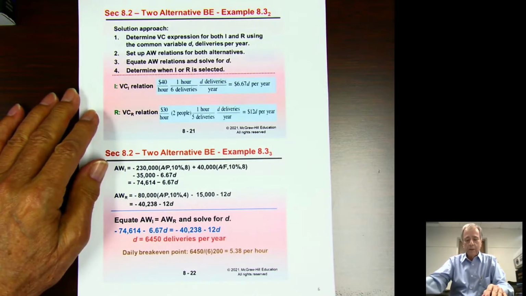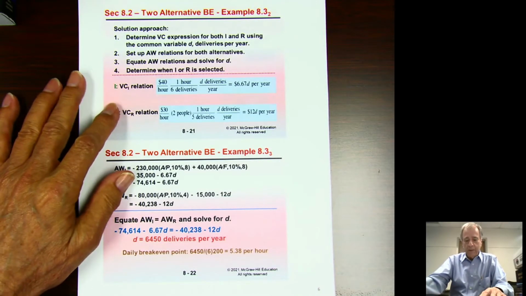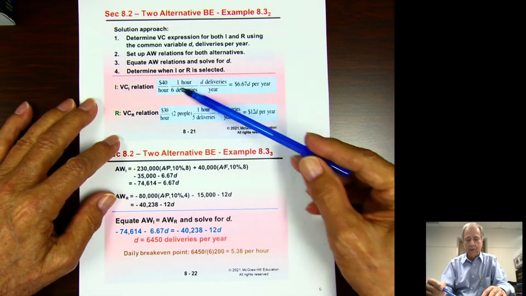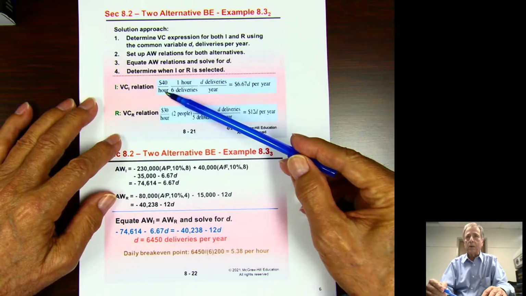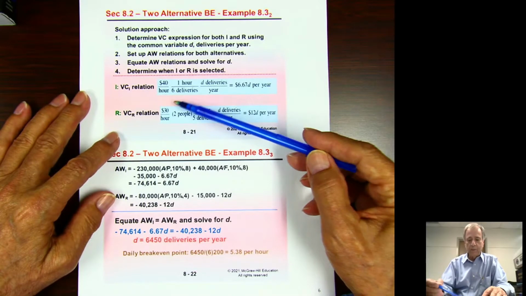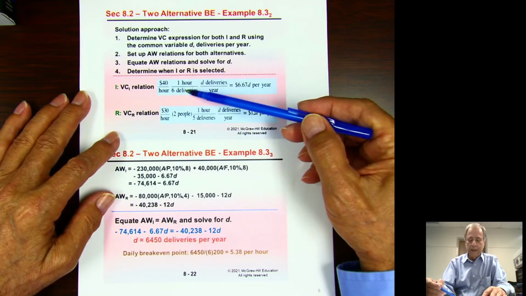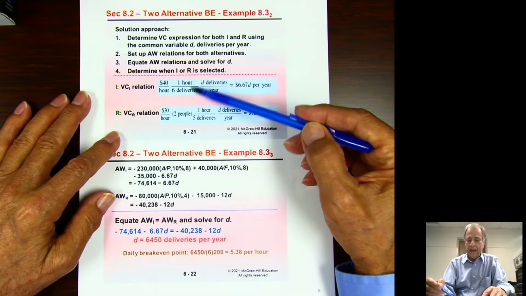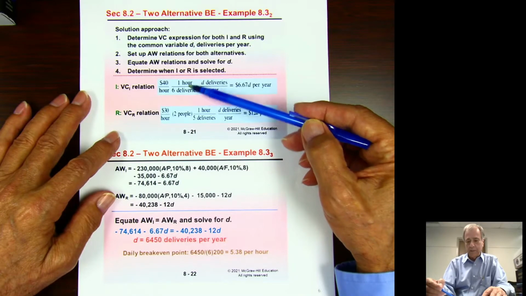Okay, so the variable cost relationship for alternative one is you've got $40 per hour, and that's the labor rate, but you make 6 deliveries per hour. So if you divide by that, you get this relationship.